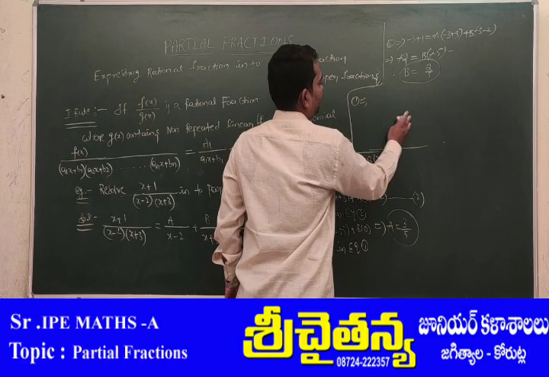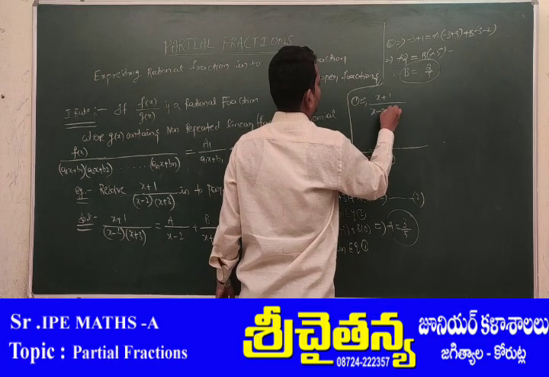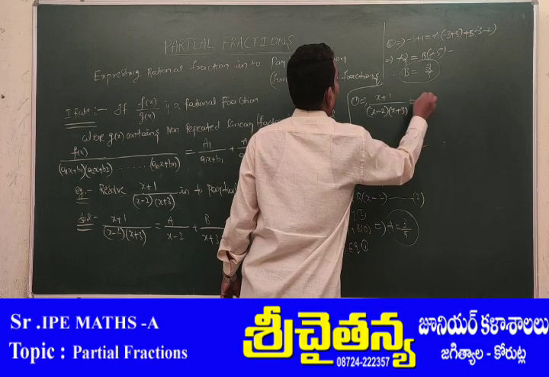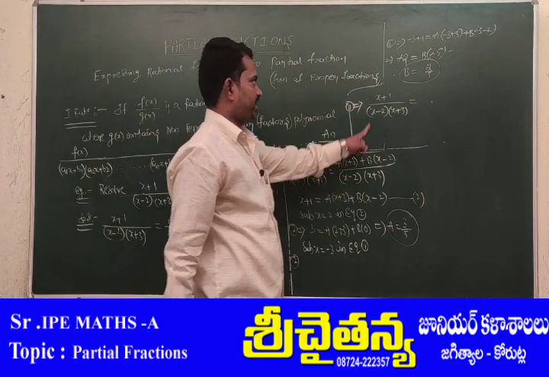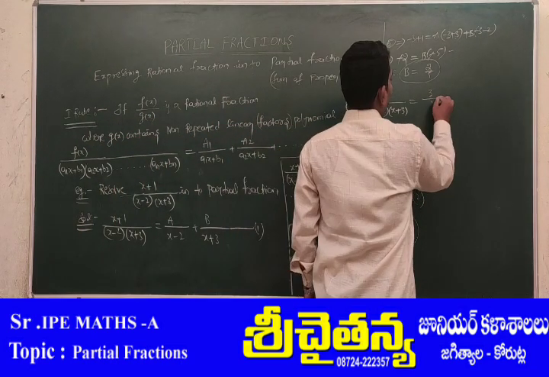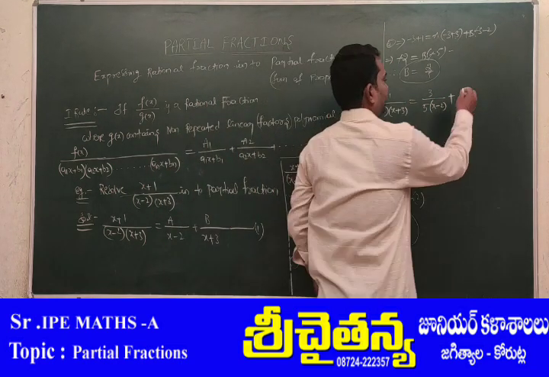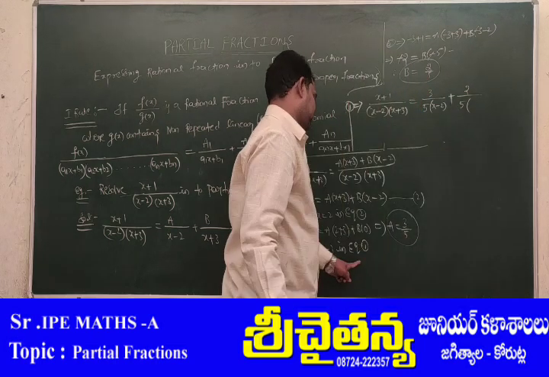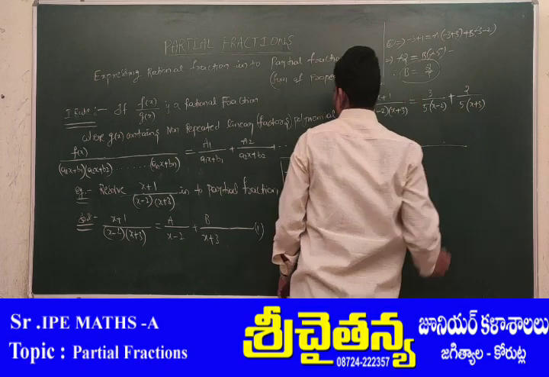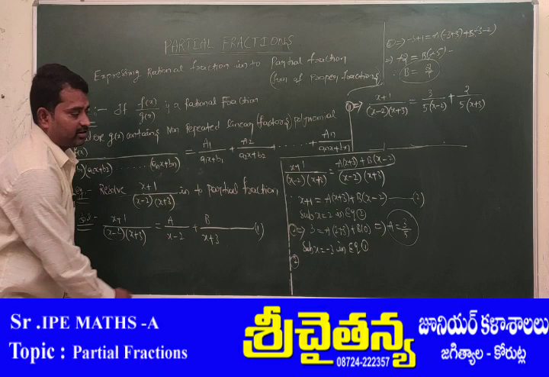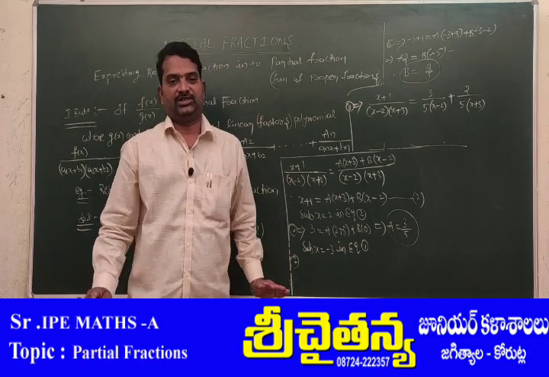Equation number 1: (x plus 1) by (x minus 2) into (x plus 3) is equal to A by (x minus 2), where A equals 3 by 5, that means 3 by 5 times (x minus 2), plus B by (x plus 3), where B is 2 by 5, so 2 by 5 times (x plus 3). This is the way of resolving the given proper fraction into partial fractions. Partial fraction means sum of fractions. Thank you.